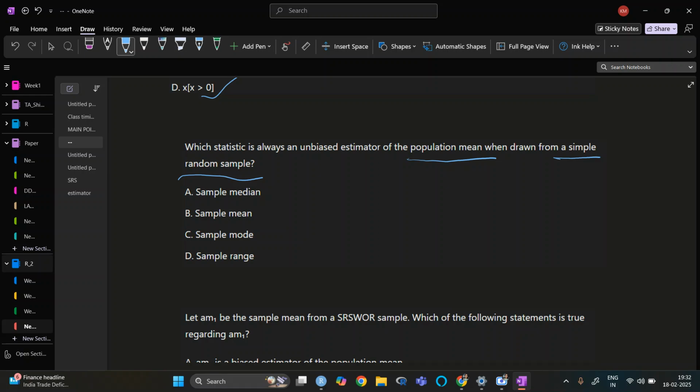Is it sample median, sample mean, sample mode, or sample range? We have just gone through this, for the population mean, which one is the unbiased estimator.